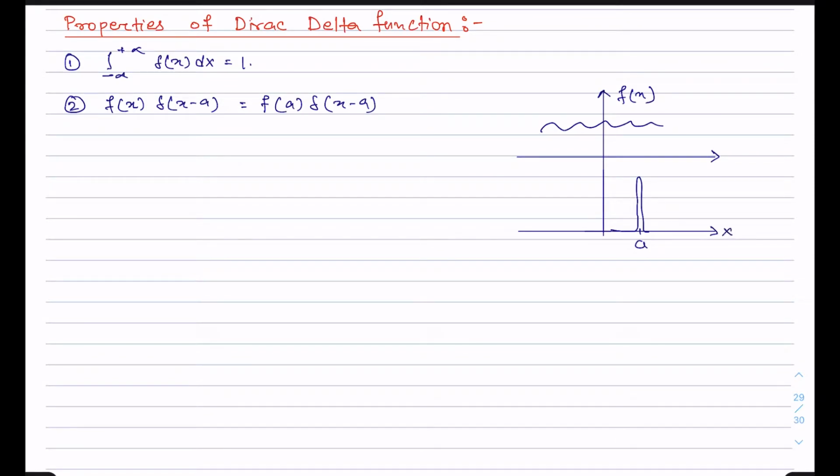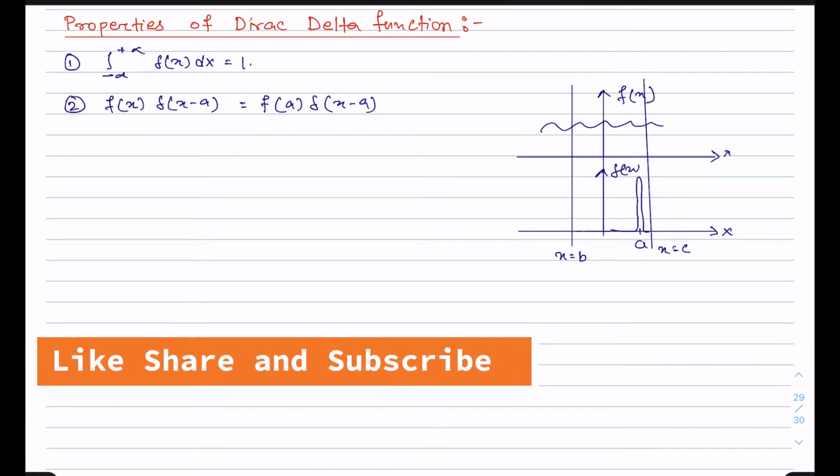This is delta(x) and this is the x-axis. Say this is b and this is c. One point, x equals b, is less than a, and another point, x equals c, is greater than a. For x equals b and x equals c, the value of this delta function is always 0.